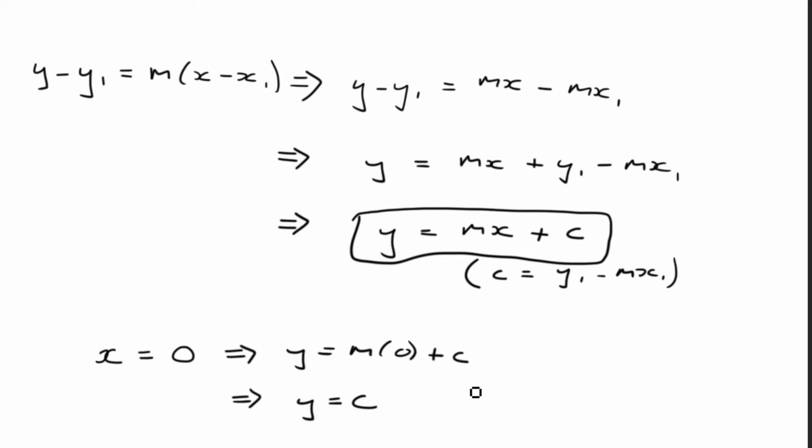That means that the line passes through the point with x coordinate 0 and y coordinate c. So therefore, what do we mean by c? We mean where the line intercepts the y-axis, and we'll call that the y-intercept of the line.